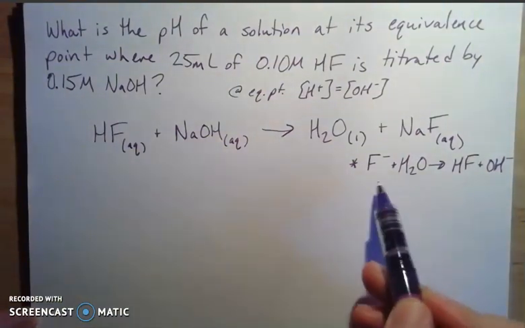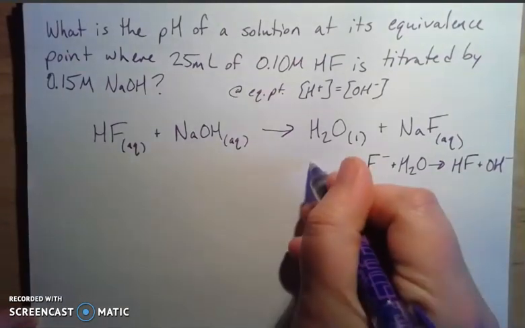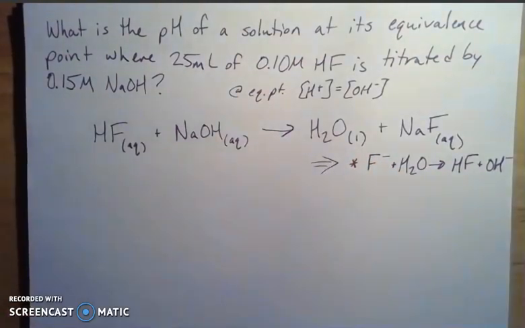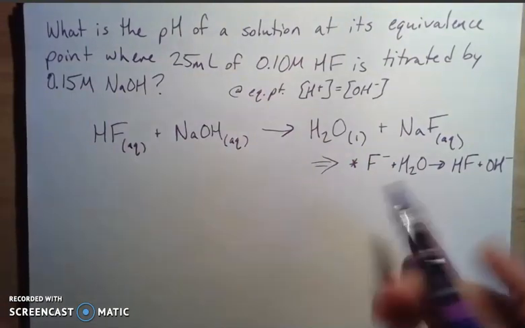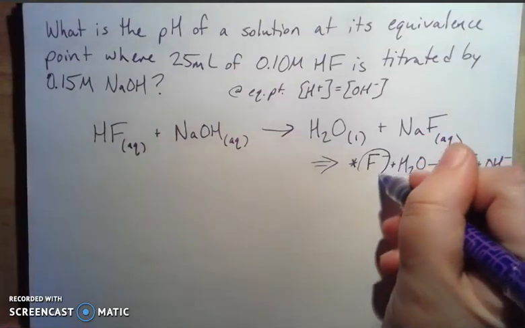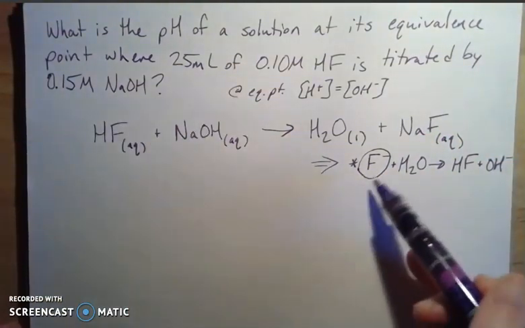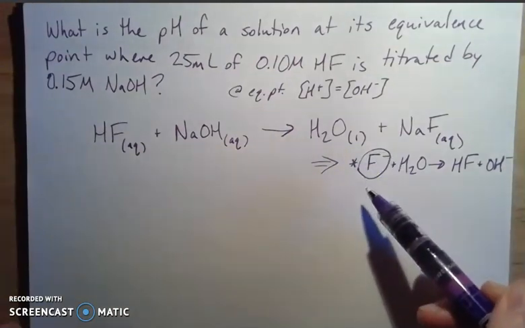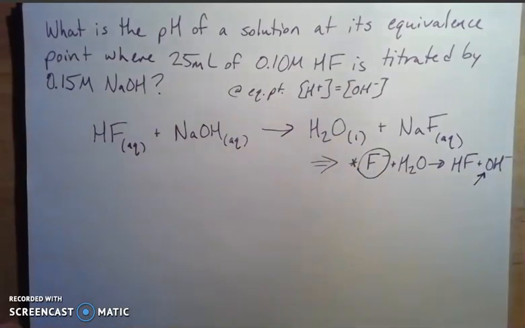Any difference in the change of the pH from 7 is going to be caused by this side reaction. So this is really what I care about in all of this. So what I need to do is figure out how much of this I have in solution when I react these together. And then I can use that concentration of my fluoride in an icebox to find this guy.